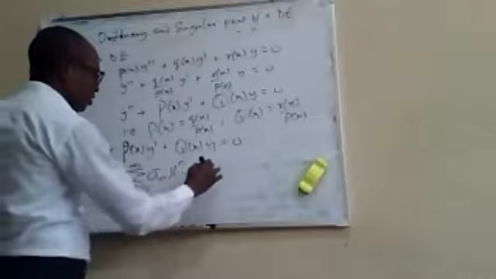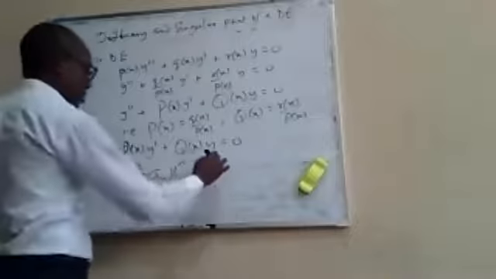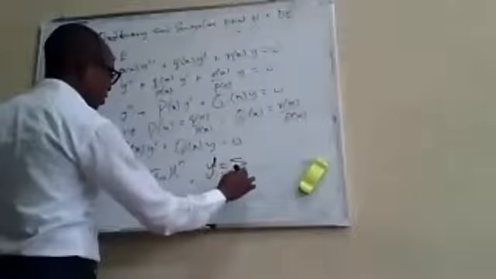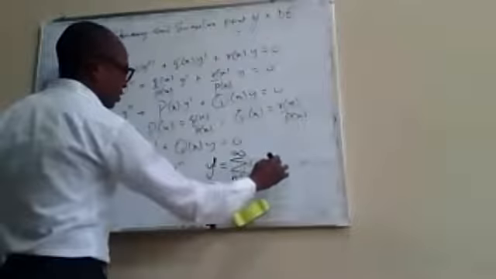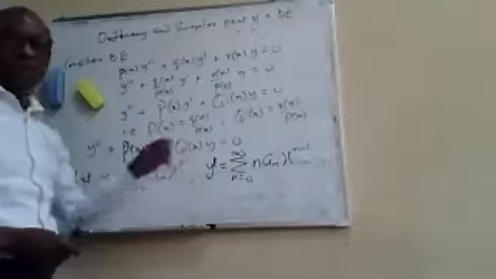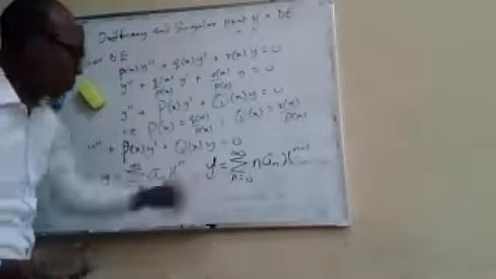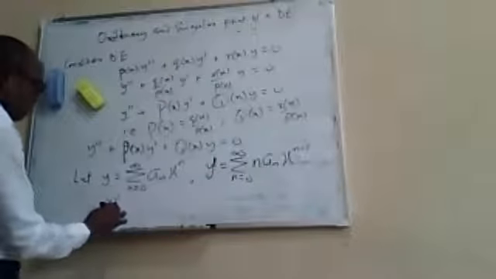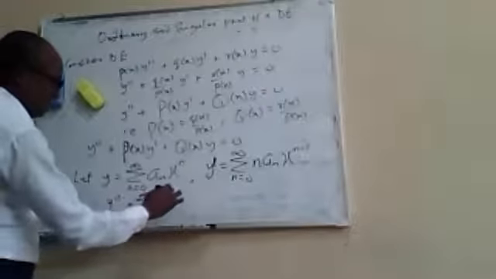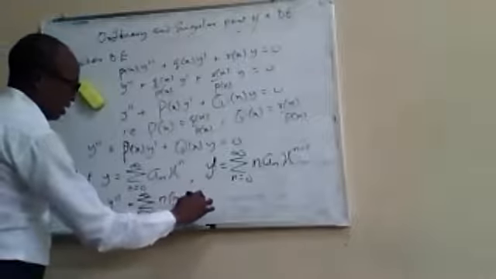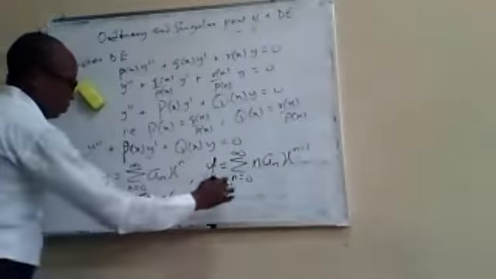The next thing is to take the first derivative of y. Differentiating with respect to x gives the summation from n equal to 0 to infinity of n a n s raised to n minus 1. You can still remember your method of differentiation: the n comes down and then we subtract 1 from the power. The second derivative, y prime prime, will be the summation from n equal to 0 to infinity of n into n minus 1 a n s raised to n minus 2.